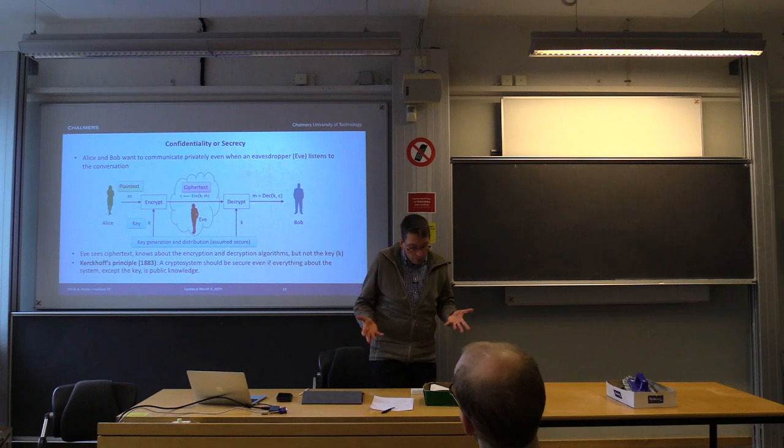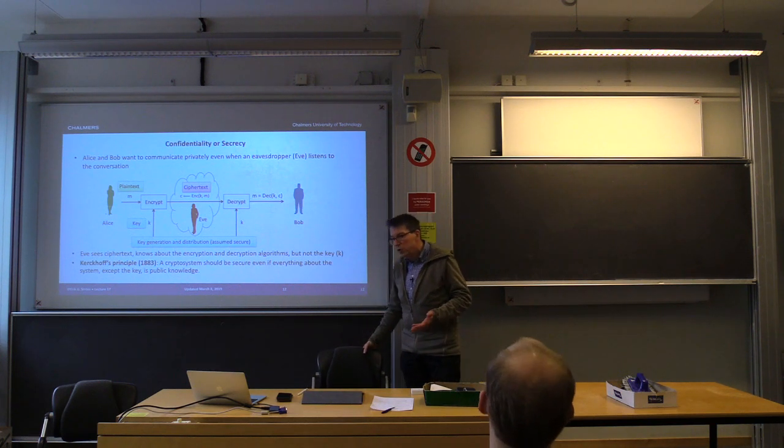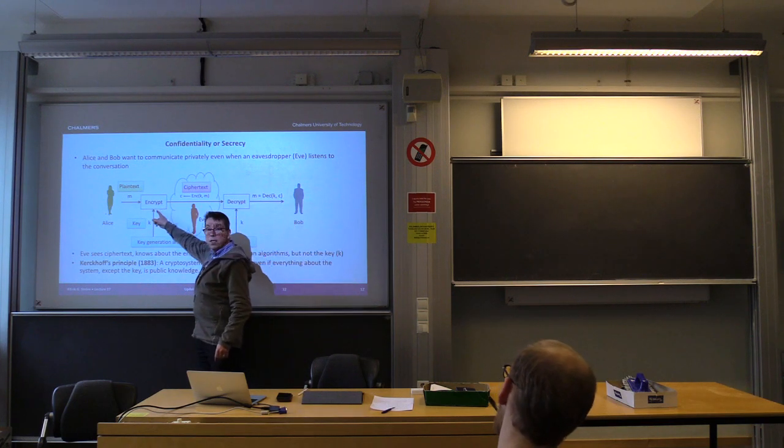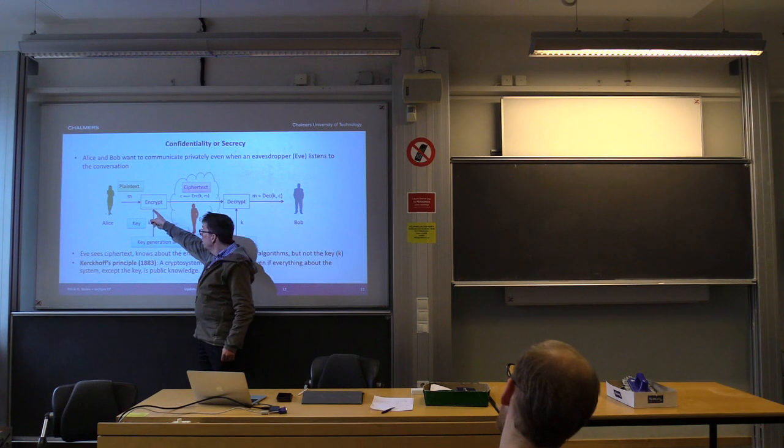So here many homegrown security schemes are like, oh, I have a very clever algorithm here that I keep secret, and then my system is secure. But the problem with this is that once this is compromised, the whole system is broken, right?